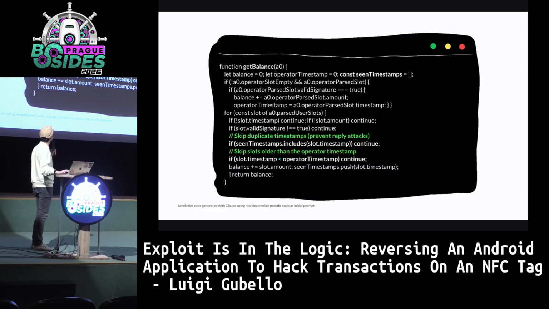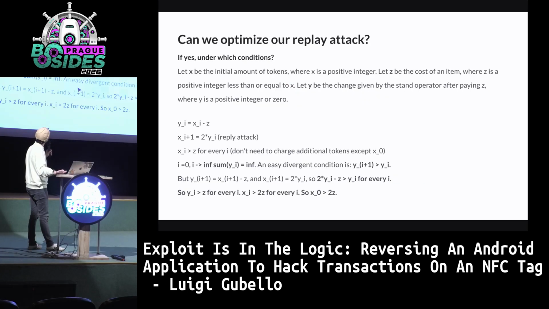The slots were in read-only mode, so the password was necessary to write or delete the transaction data, but I could always read them, and that makes sense because the application needs to calculate the amount of credit that I had. So let's start to do some math.